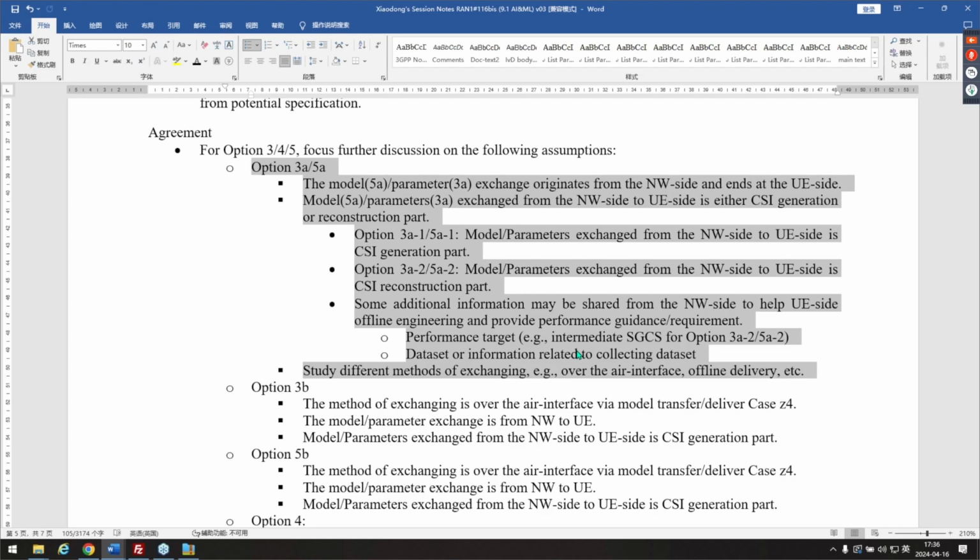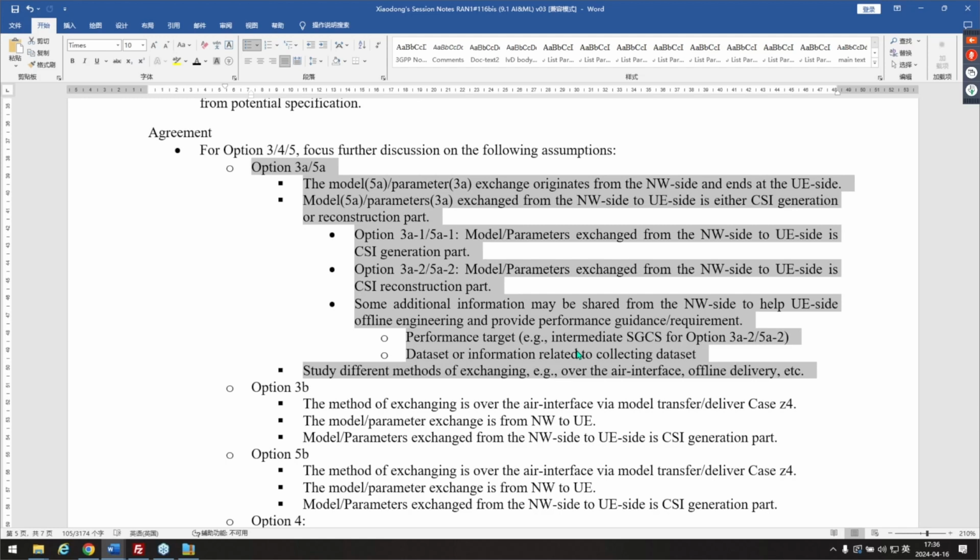And if we go for another solution, where the network side just transfers the CSI reconstruction part, then the CSI reconstruction part will probably be sufficient, both for the UE to develop its encoder and for the performance target, right? So for both options, it means that the network must send the decoder to the UE side.